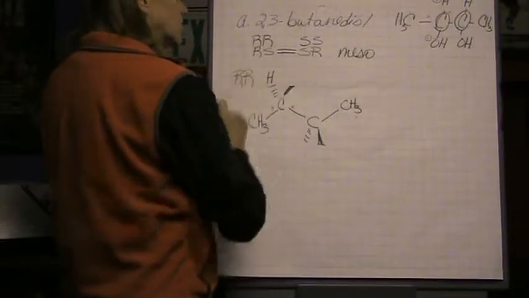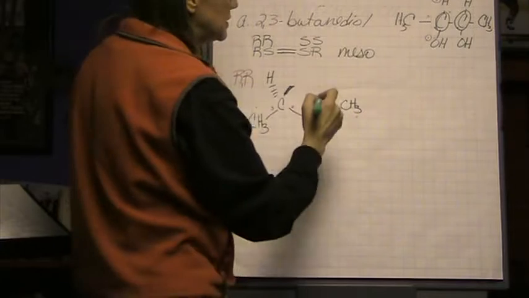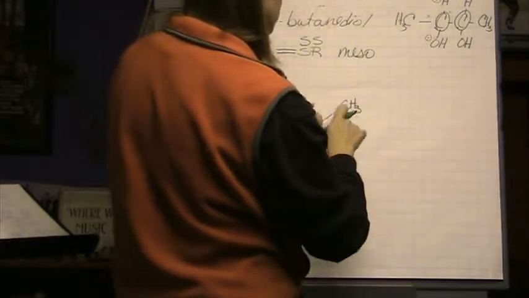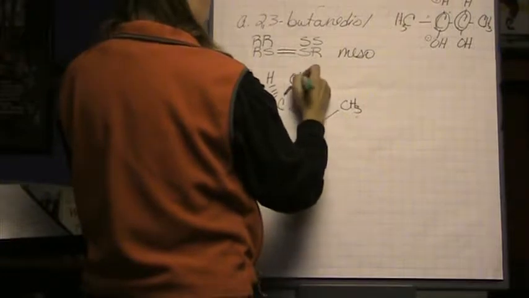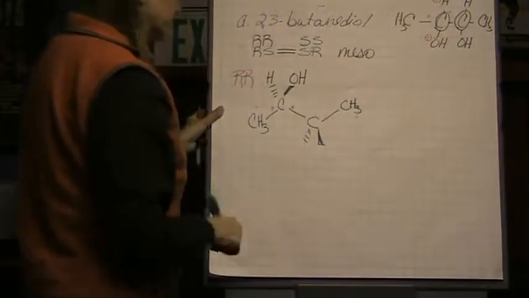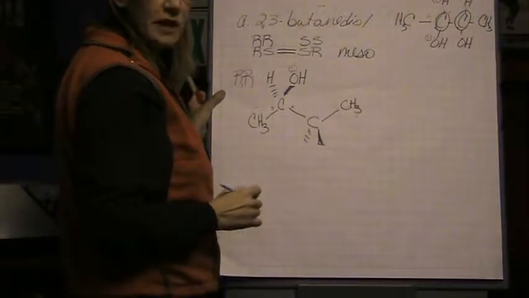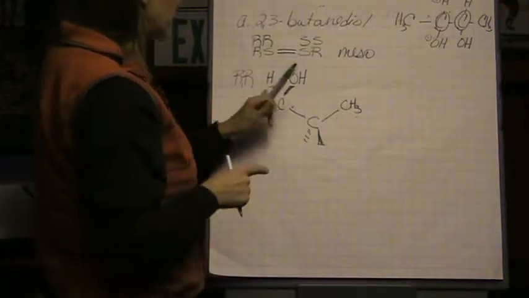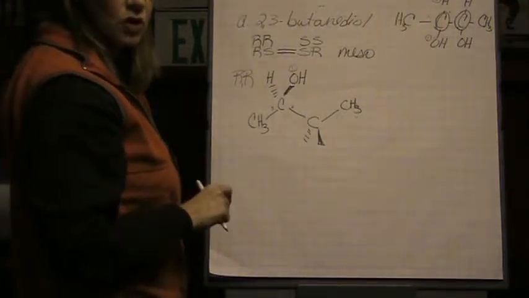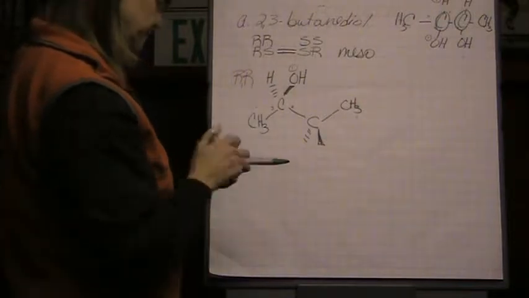So here's my hydrogen, and my big group is this, okay? OH is number 1. My big group was already here as part of the chain, okay? So I continued with my clockwise 1, 2, 3, 1, 2, 3, and by putting hydrogen back, I made sure that what I see on paper is what I get, and that's R.